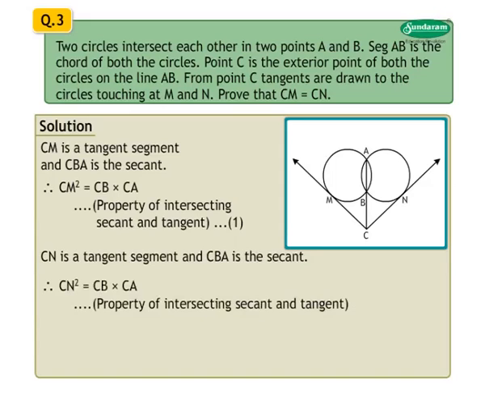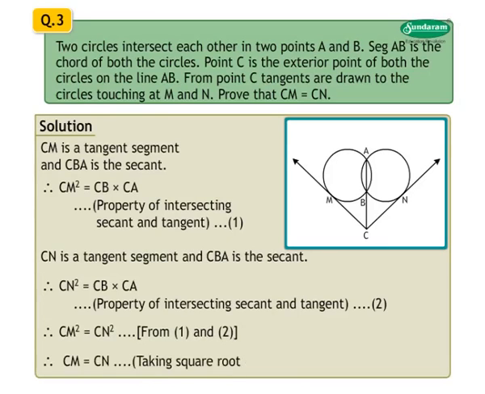Therefore, CN square is equal to CB into CA by the property of intersecting secant and tangent. Mark this as 2. Therefore, CM square is equal to CN square from 1 and 2. Therefore, CM is equal to CN by taking square root on both the sides.